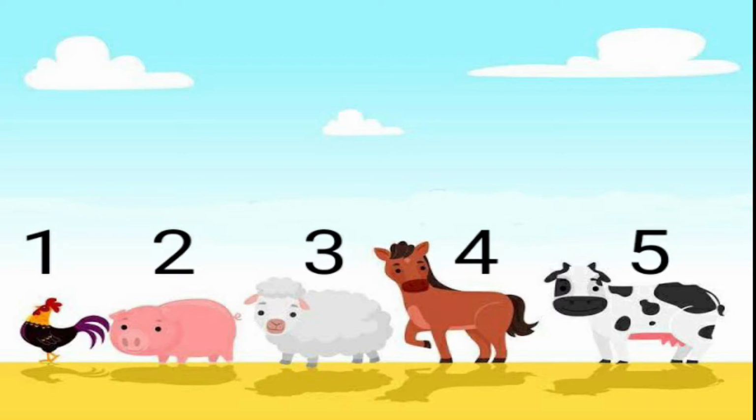The number of sheep is 3. So 3 is in between 2 and 4. The number between 2 and 4 is 3. Understood, children? In the same way, you have to write after numbers, before numbers, and between numbers to any number.